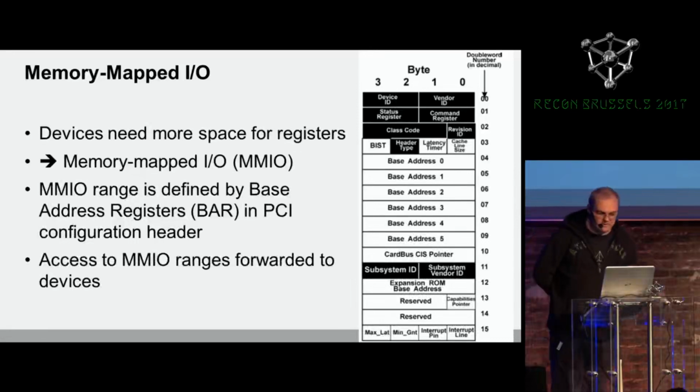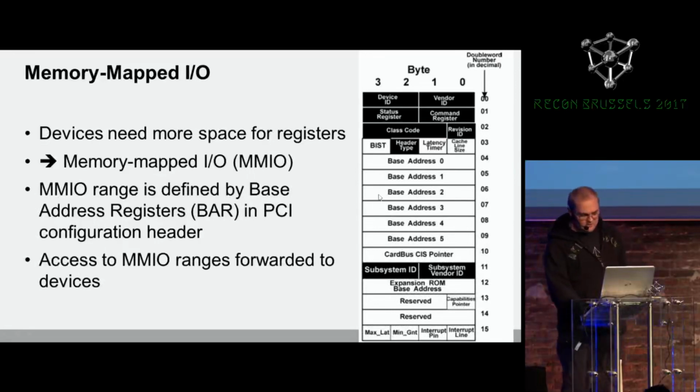And here is where MMIO came in. MMIO is a range of memory, and access to that range is forwarded to the device, and the device handles that. These ranges are defined through MMIO BARs, and MMIO BARs are in the PCIe config space we were talking about on the previous slide.